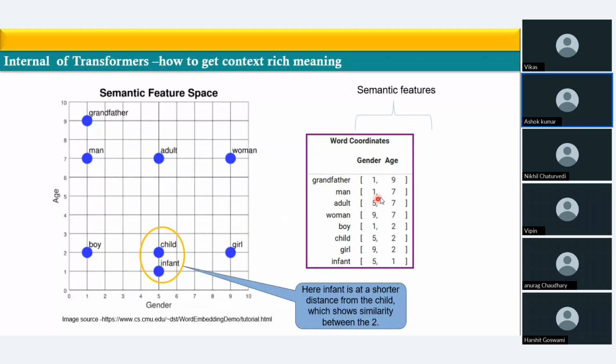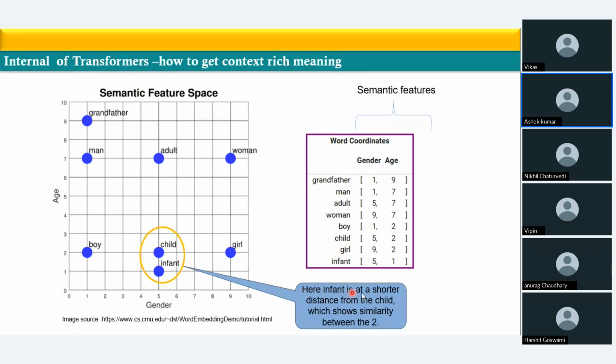If we are going to capture the information, grandfather is 1 on the gender axis and 9 on the age axis. Man is 1 on the gender axis and 7 on the age axis. In this way, I have prepared this matrix, or one-dimensional array related stuff.